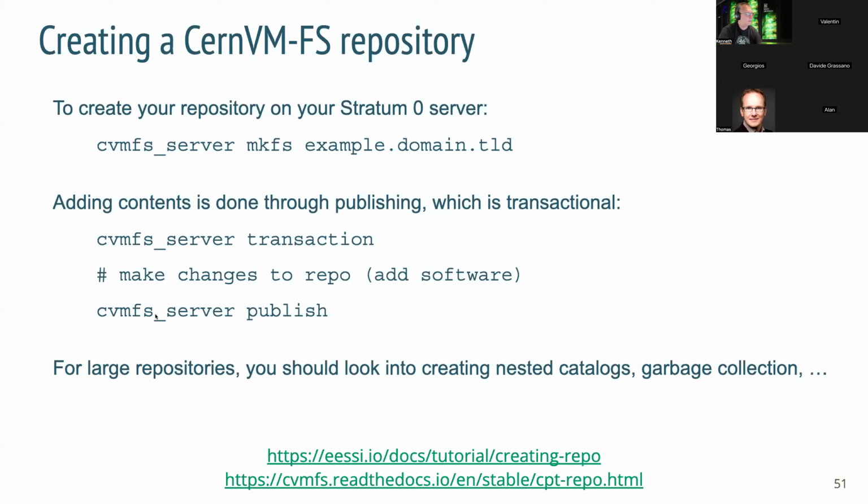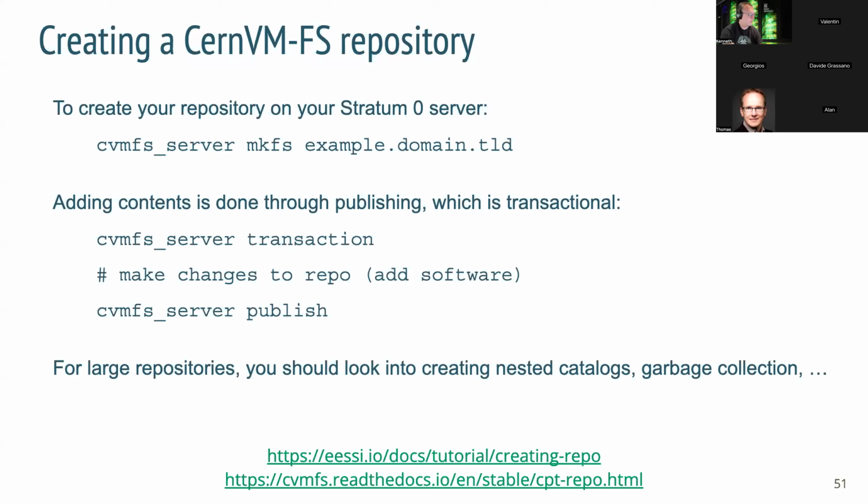And once that is done and you run CVM-FS server publish, the transaction is wrapped up and a new publication is made, a new revision of the repository is published. And publishing means that all the changes are recorded. CVM-FS does what is necessary to put that into its storage, let's say, and then eventually the mirror servers will pick up on it when they do an updated snapshot. They will pick up on the new revision and pull in the necessary changes.